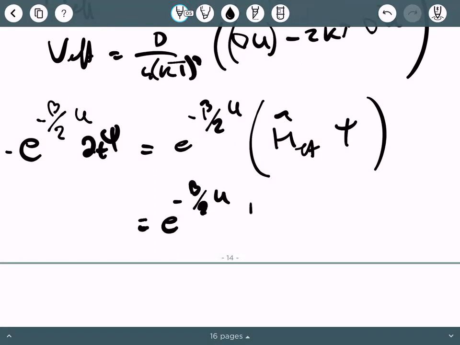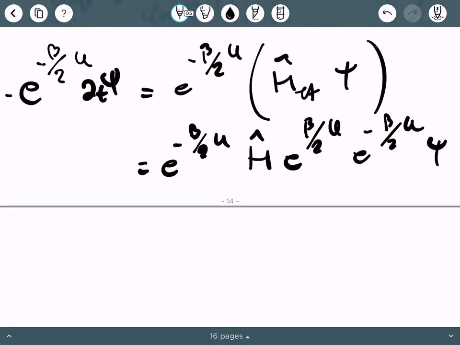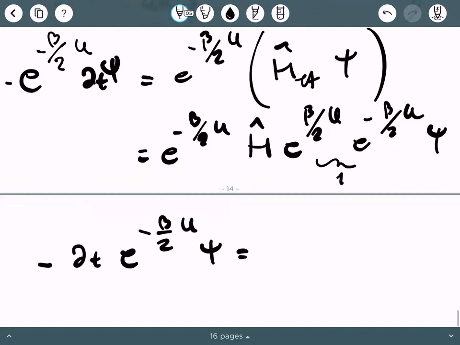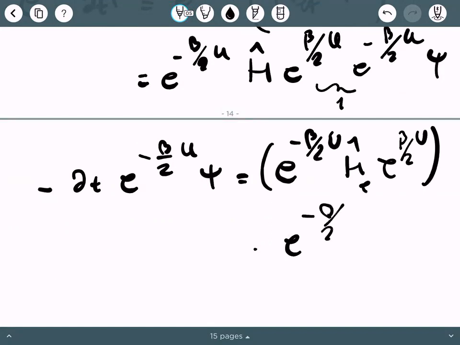You can actually do the following. Stick a positive and a negative in there. You're doing nothing, right? Because this is 1. So what you have is negative dt of e to the beta half u psi is equal to one operator, which is e to the negative beta u H effective e to the beta u, times e to the beta half u psi.